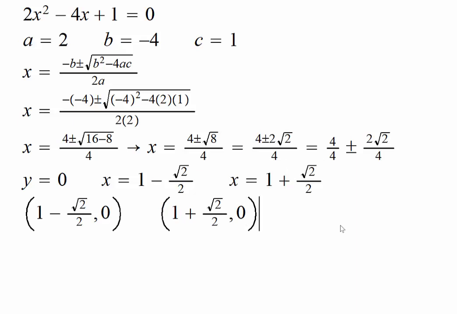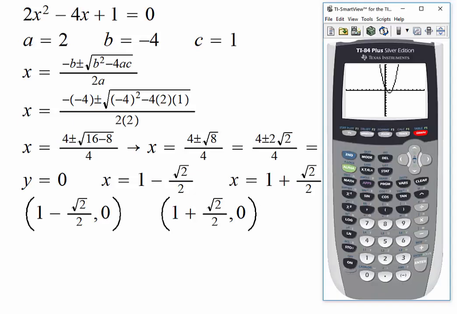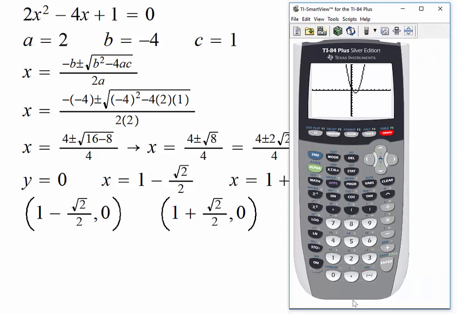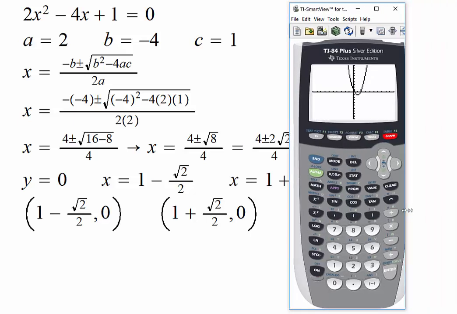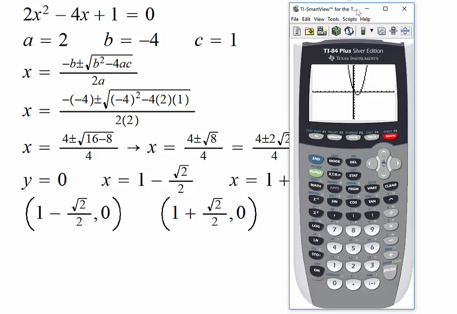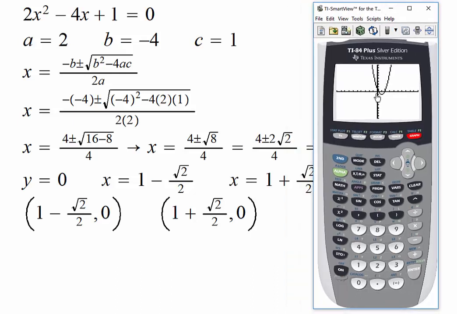So these are the intercepts. Let's go ahead and look into our calculator and see how we do these things. Let me try to enlarge it a little.